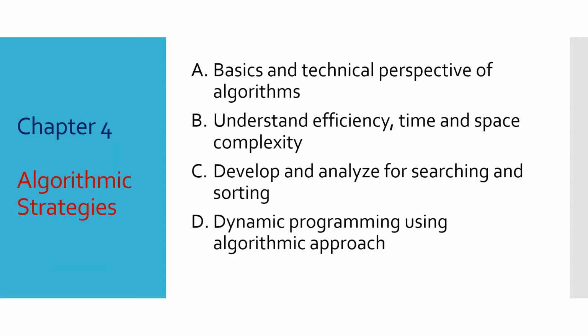Okay, let's go into the chapter detail. In this chapter, we're going to see 4 key subject areas. One is the technical perspectives, basics and definitions. Also, how efficiency, time and space play a role in programming style, and how searching and sorting happens.